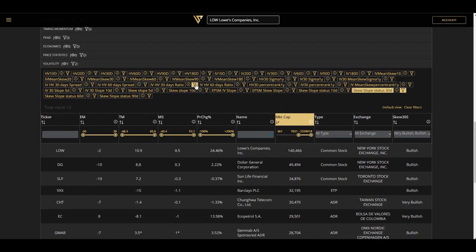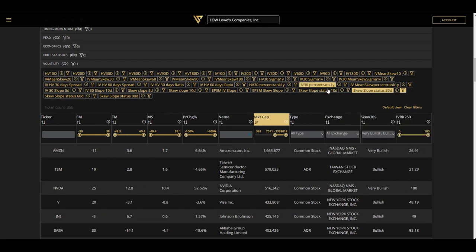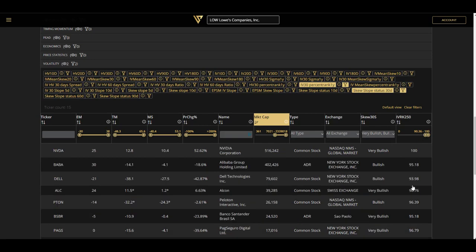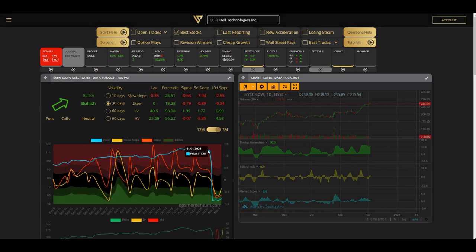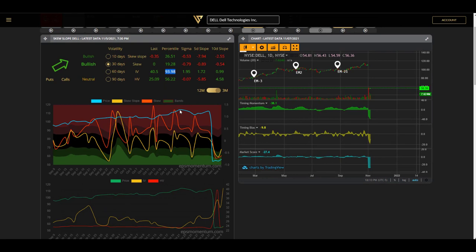What other things you can do is the percentile ranking. This is very useful in option land. You can't really do any option work without having percentile values, right? So percentile values, you're in 90 percentile here. So I want to see Dell options here. Dell options are in 93 percentile, right?